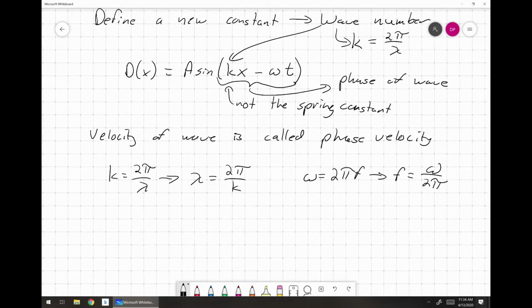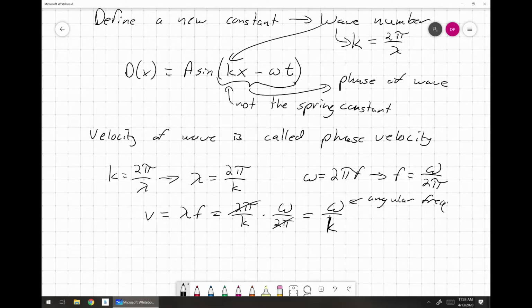And again, we know that for any wave, the speed is going to be the wavelength times the frequency. So this is 2 pi over k, and then multiplied by omega over 2 pi. The 2 pi's cancel, and we get that the speed of the wave is this angular frequency divided by the wave number. So this is our angular frequency, and this is our wave number.